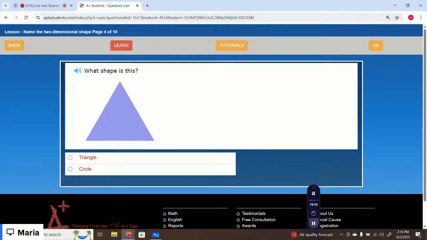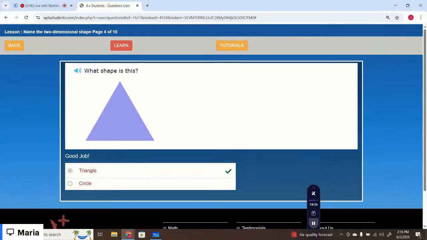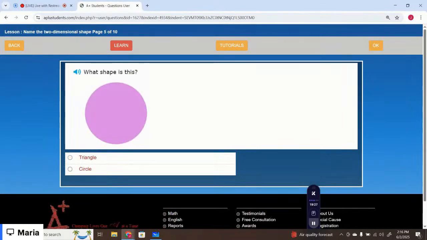A triangle it is. That is a three-sided shape, so that is a triangle.